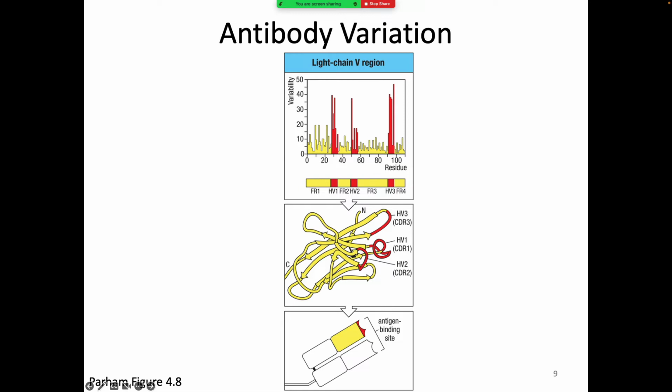Sometimes we refer to them, as you can see here, as the hypervariable regions. We can also refer to them sometimes as CDRs or the complementarity determining region, because they are the thing that determines which antigen our antibody is complementary to. We will see much more with those CDRs later.